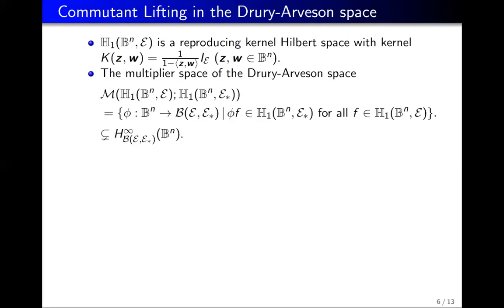It's actually a subspace of the bounded holomorphic functions on Bn, operator-valued though. So it's a subspace of that. In fact, it's a strict inclusion. One can prove that there are bounded operator-valued functions which may not necessarily be a multiplier on the Drury-Arveson space.